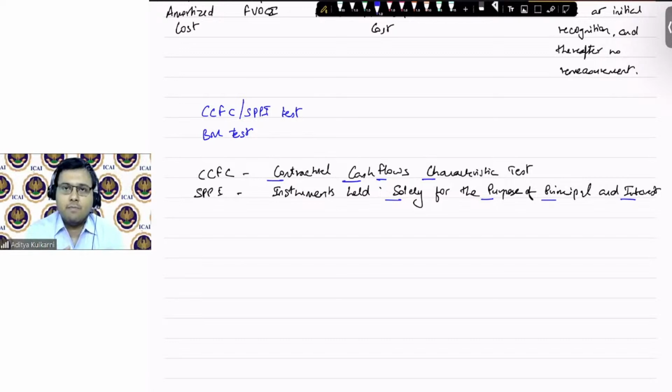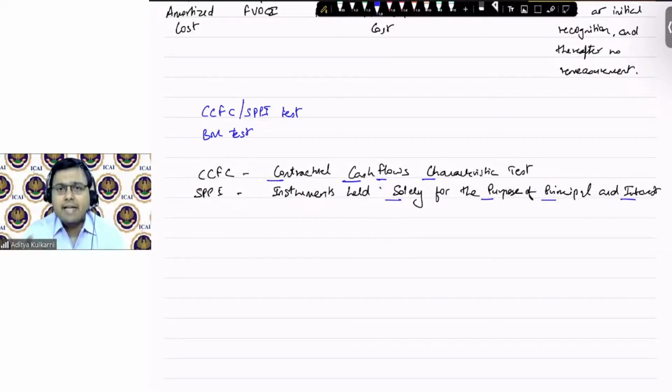Suppose your purpose is solely to collect the contractual cash flows. Contractual cash flows means you have held the amount for collecting the interest thereon and for collecting the principal thereon. You don't have any other objective.